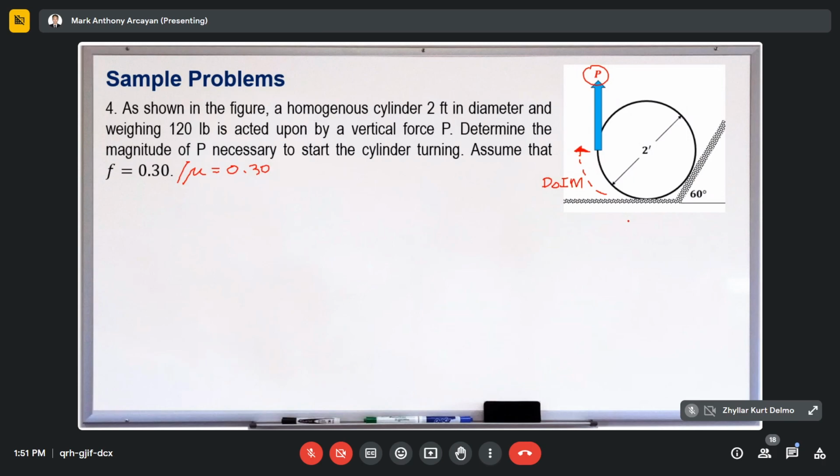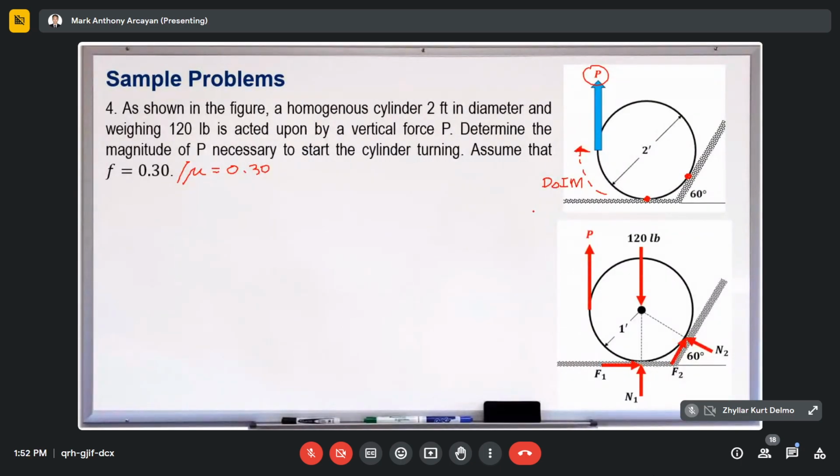Naa tay duha ka contact points, no? Naa diri sa horizontal ug naa sa incline. So, in these 2 points, naa tay friction nga nag-exist. Okay? So, ato na siya i-indicate sa ato ang FBD later. Now, mao ni siya ang corresponding FBD of the cylinder.